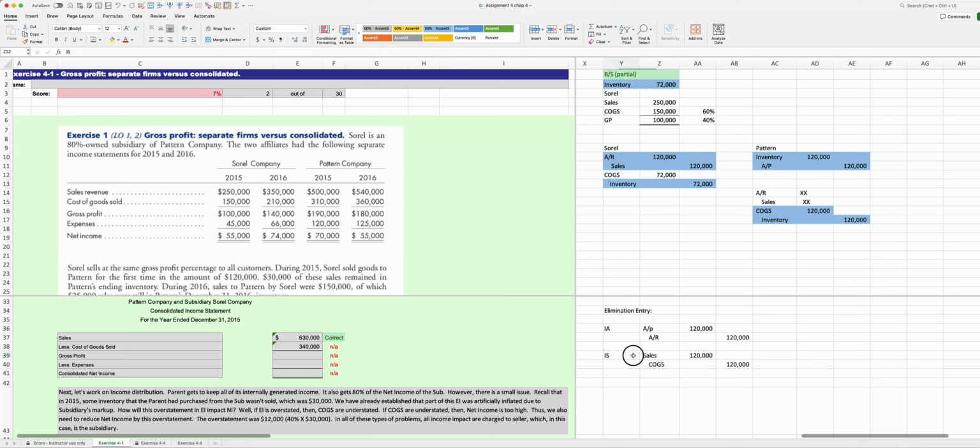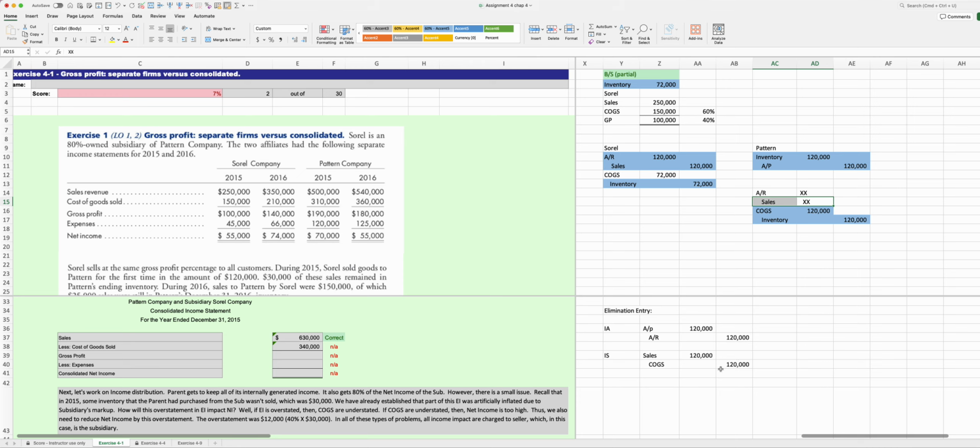So by recording this entry, we have ensured that the only cost of goods sold that remains is the portion that we incurred from dealing with outside sellers, and we purchased the 72,000 worth of inventory from them, and so this portion is valid, and then this portion is valid.